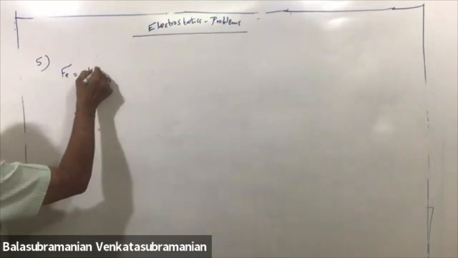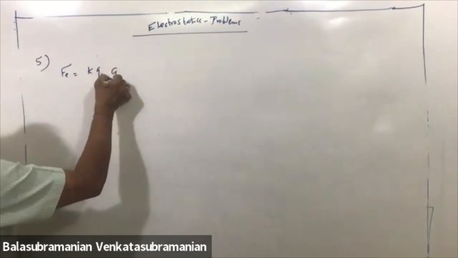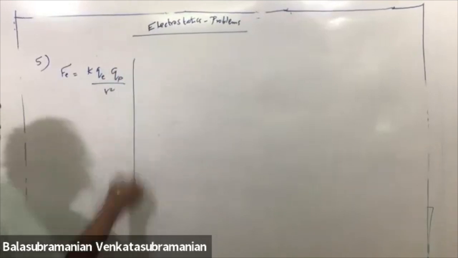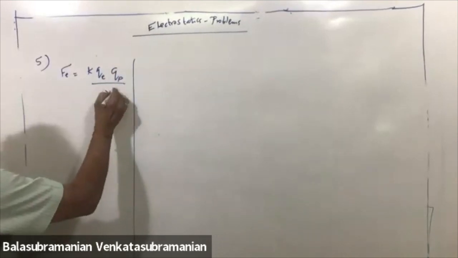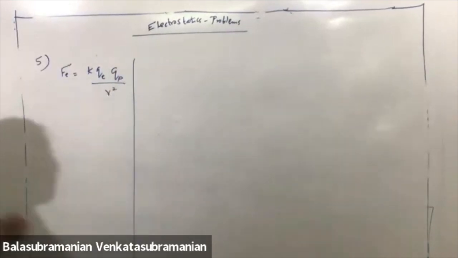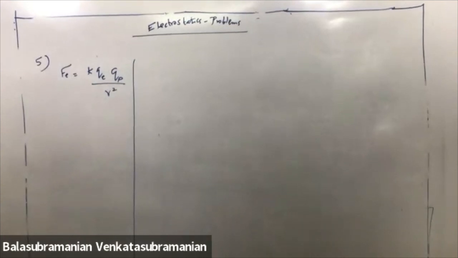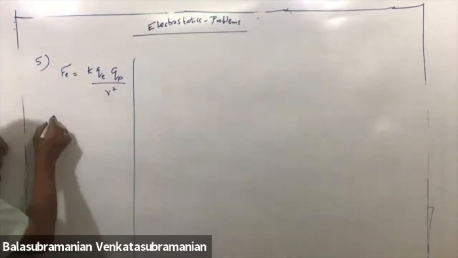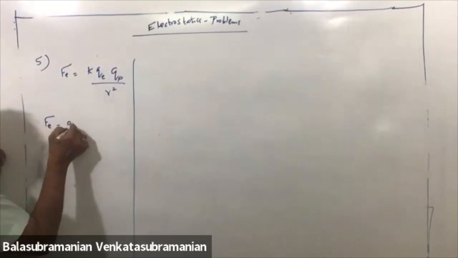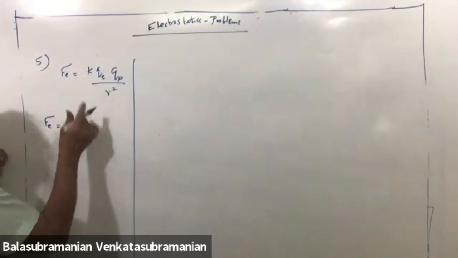Fe is equal to K QE QP by R square. What is the value of charge? Electron charge, proton charge, both are same. Separated by a distance of 5.3 into 10 power minus 11. 9 into 10 power 9.